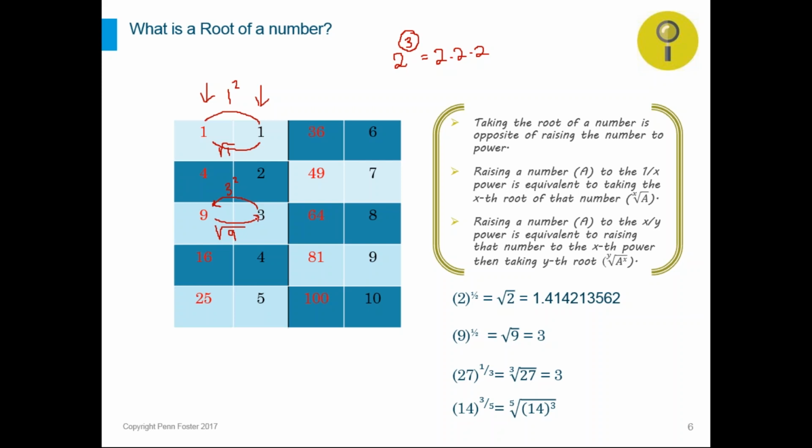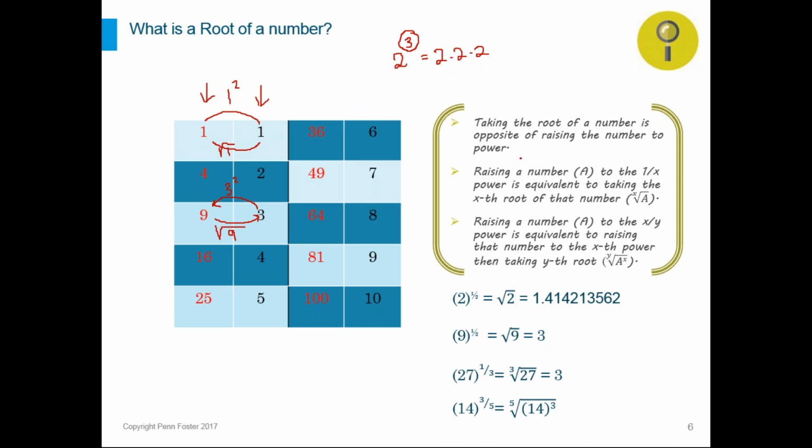Now, what if I have 2 raised to the 1 over 2 power, raised to the half power? That is the same as taking the square root of that number. So remember, that is one rule that we need to make sure that we understand. When we raise a number to a fraction exponent, actually we are taking the root of that number.